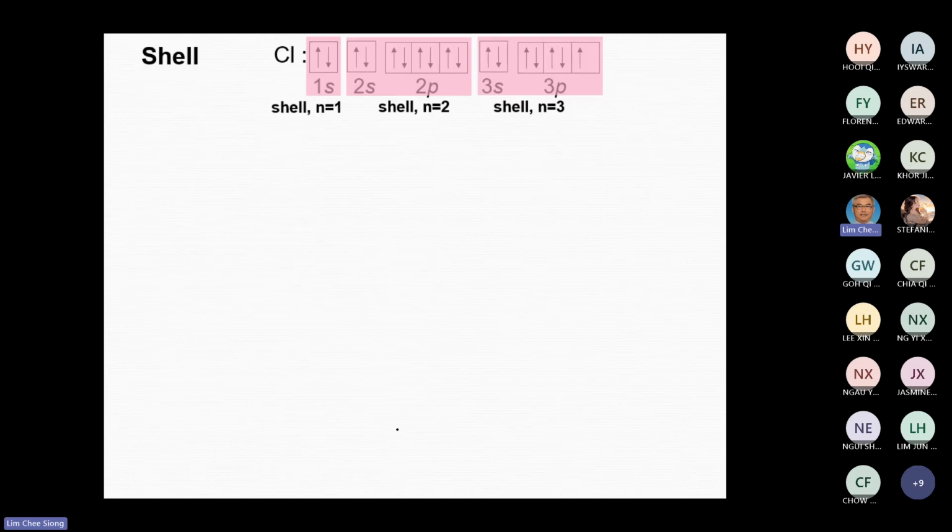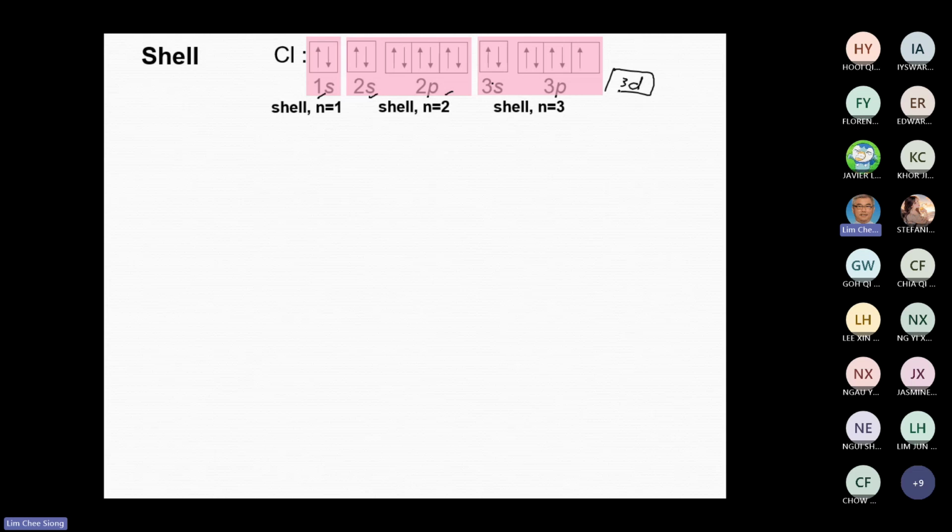Good. So once again, to tell you about some of the verification for the terms. For example, shell n equal to 1, it just refers to 1s. If shell equal to 2, it is 2s, 2p. They are under the same set, same shell. If shell n equal to 3, how many do we have in total? 3s, 3p, and some students say, Mr. Lim, how about 3d?